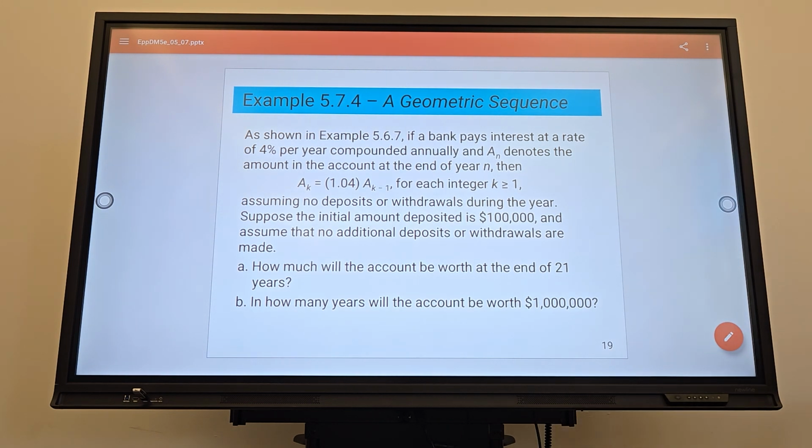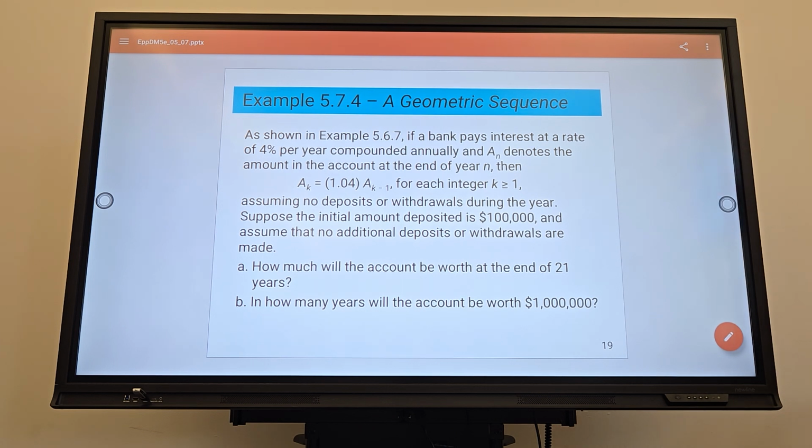As shown in example 567, if a bank pays interest at a rate of 4% per year, compounded annually, and A sub n denotes the amount in the account at the end of the year n, then A sub k equals 1.04 times A sub k minus 1 for each integer greater than or equal to 1, assuming no deposits or withdrawals during the year.